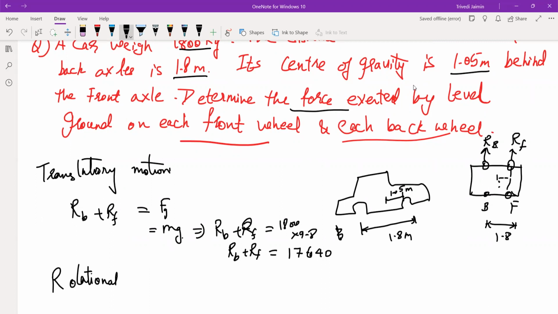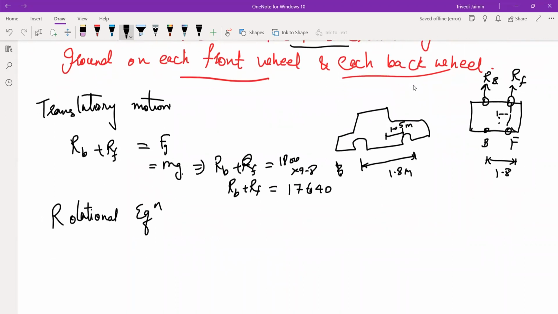Rotational equilibrium. So RB, the total distance from here, we have 1.8 minus 1.05.